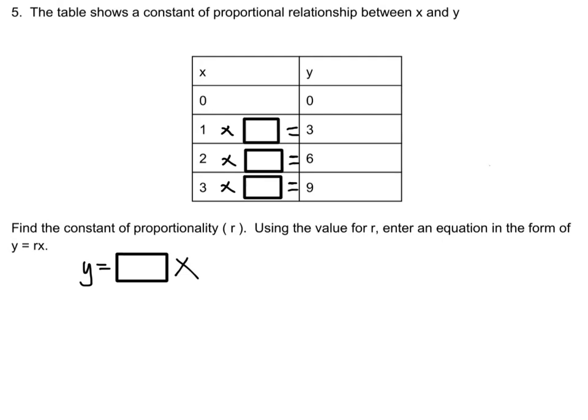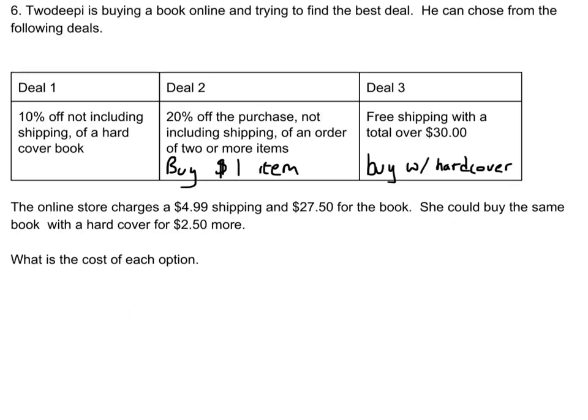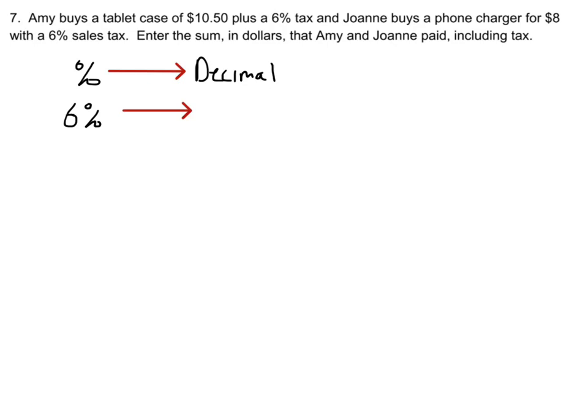And for all of these, the answer is 3. So my equation is this. Okay, I gave you an answer. 6, we'll go over again. There's a lot of steps here. We'll dedicate a whole video to 6 because 6 is difficult.